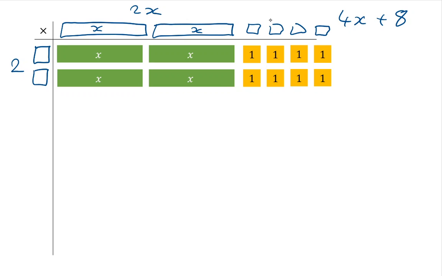So that's 4. So we've just factorized 4x plus 8 into 2 lots of 2x plus 4. And we can see if we did it the other way around, if we expanded, 2x times 2 gives us 4x, and 2 times 4 gives us 8.